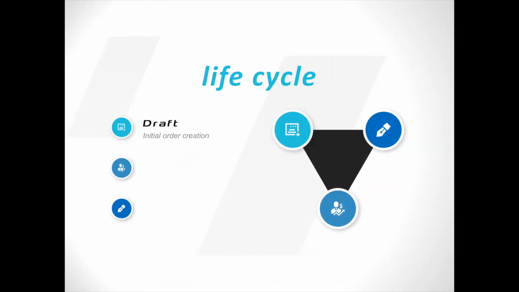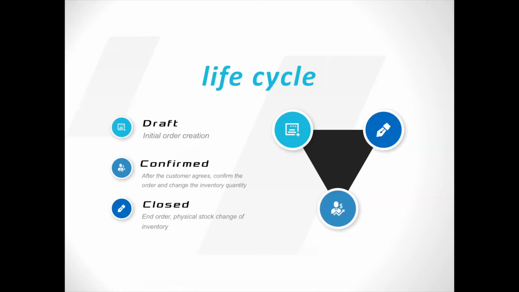And the life cycle of orders goes through 3 statuses. The first one is draft, the second one is confirmed, and the last one is closed. This life cycle is used for both the purchase order and the sales order. For a purchase order, the first status is draft.